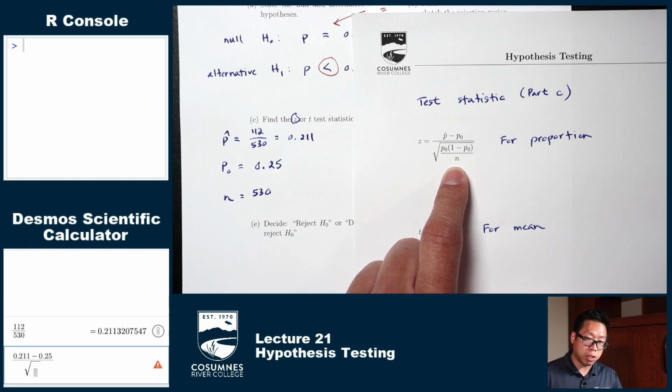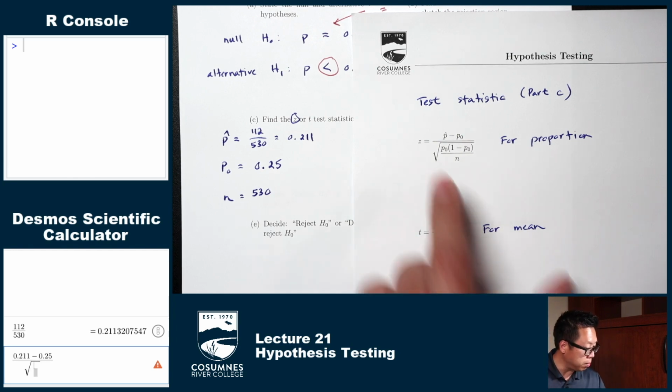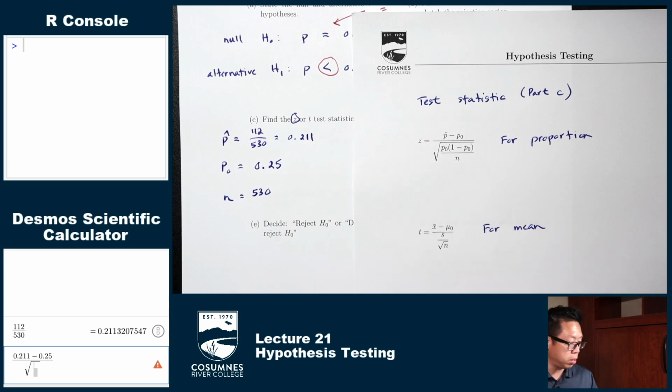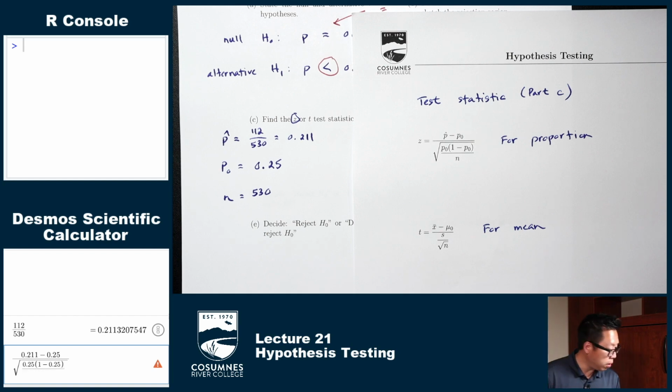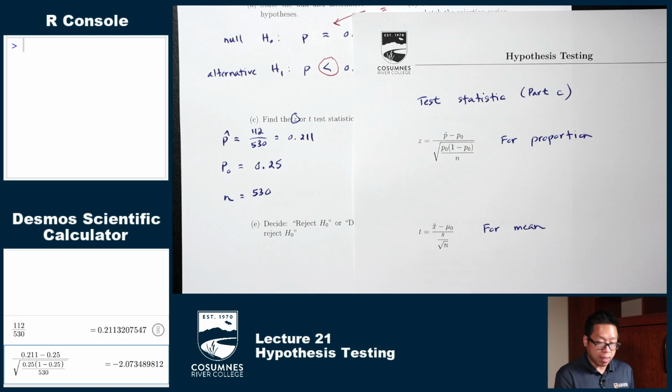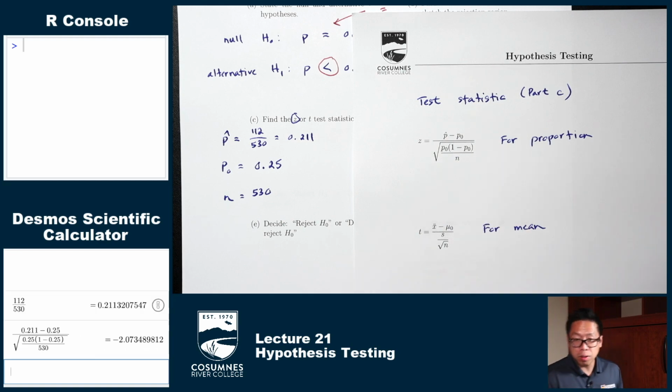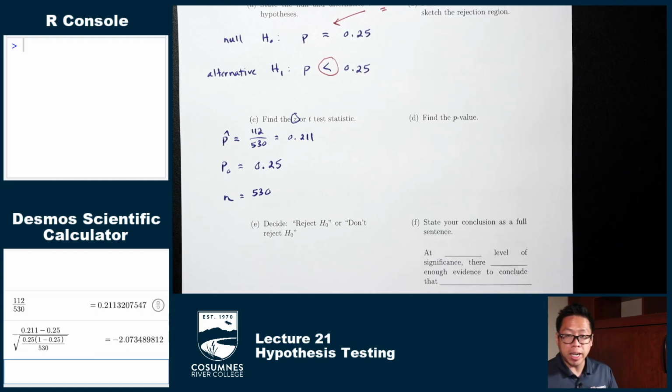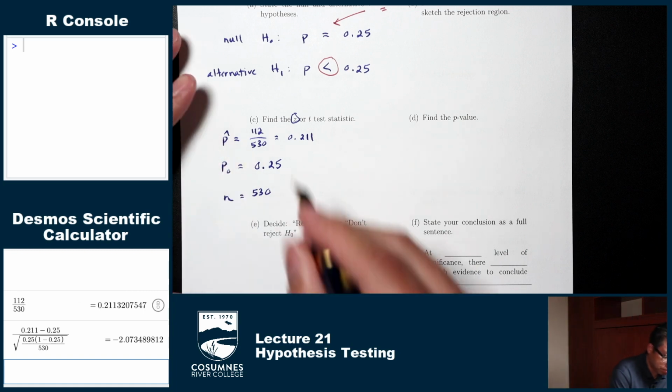Then up top, inside the square root, it's going to be P0 times 1 minus P0, so 0.25 times 1 minus 0.25, over 530. Make sure what you see in the calculator looks exactly like this formula. And once it's exactly like this formula, you can hit enter. And we get a z of negative 2.073, rounded to 3 decimal places.